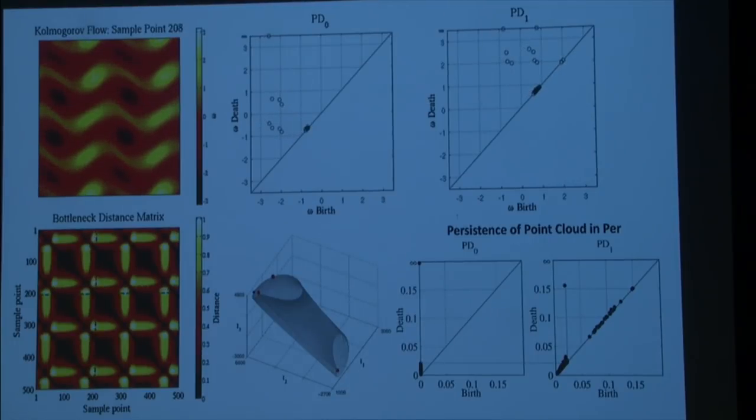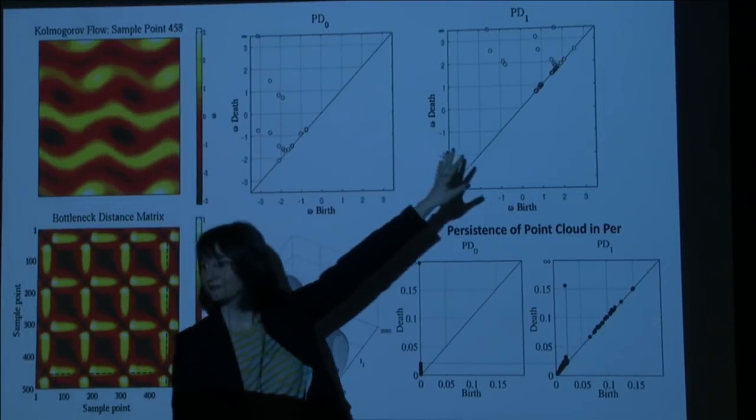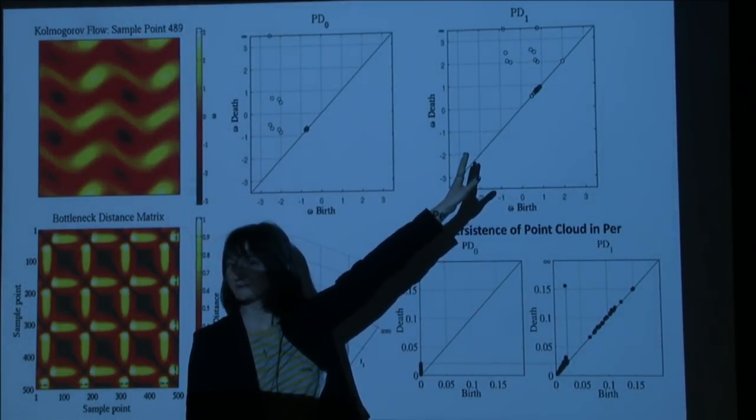Yes? I'm sorry, what is a sample point? Is it a point in the flow? It started as a picture. It started as one of these images with periodic boundary conditions. Then it was mapped to a vector of persistence diagrams.